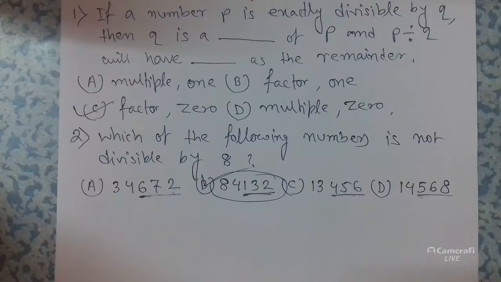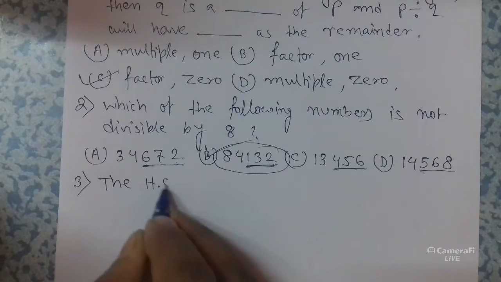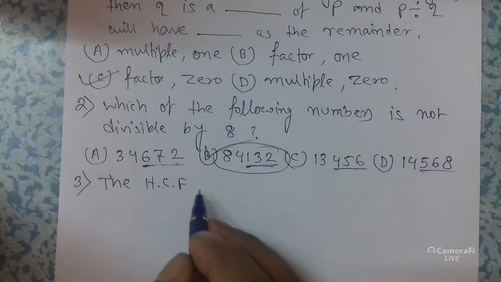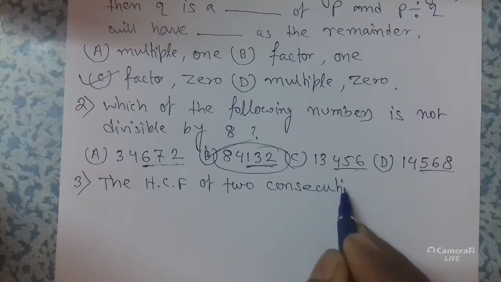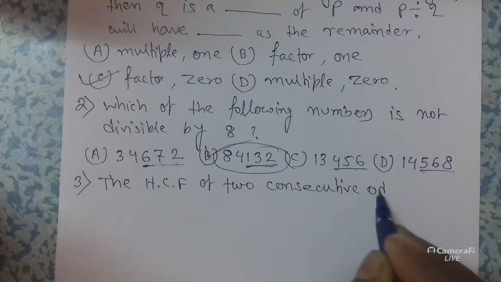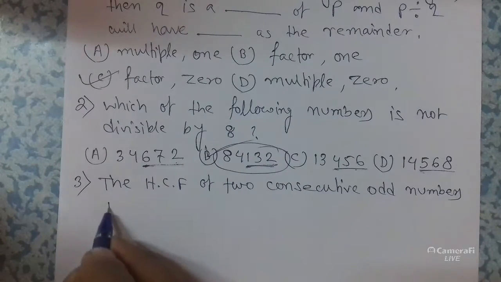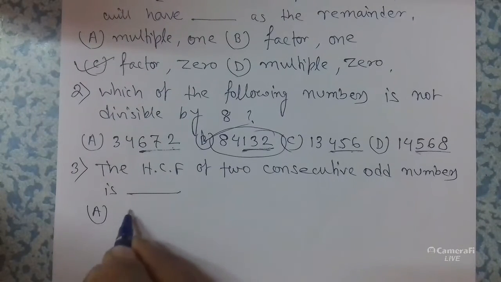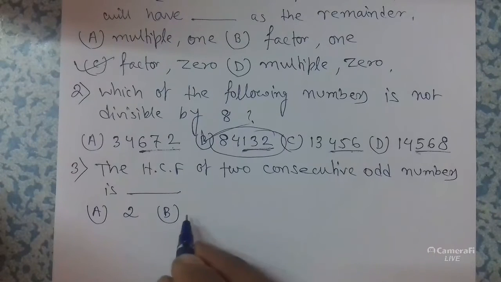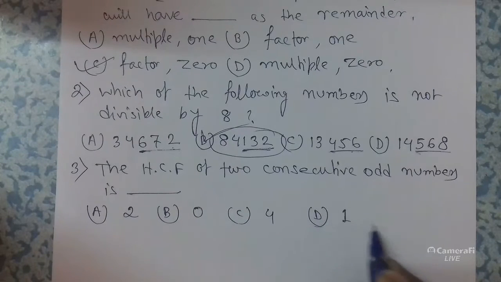Next problem. The HCF of two consecutive odd numbers is, the options are 2, 0, 4 and 1.